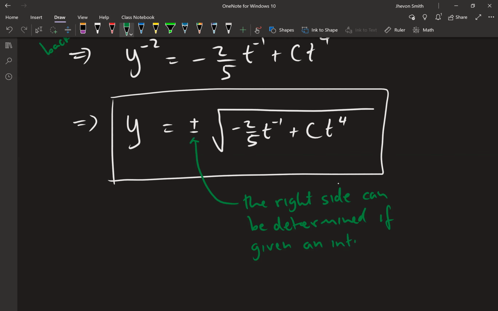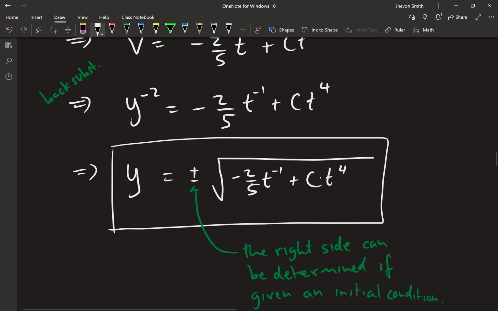It was a negative 2, so it's actually 1 over this square root.